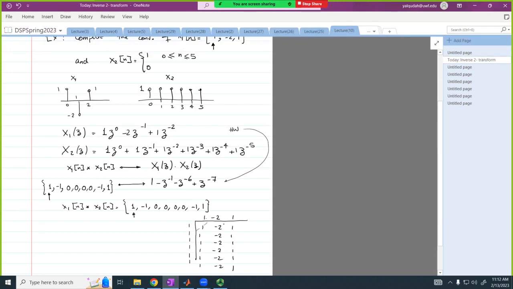So this is going to be 1, negative 2 and 1 is going to be negative 1. Then they're going to start canceling, canceling, canceling, canceling. And then we're going to have negative 1 and we're going to have a 1. Is that clear, everybody?